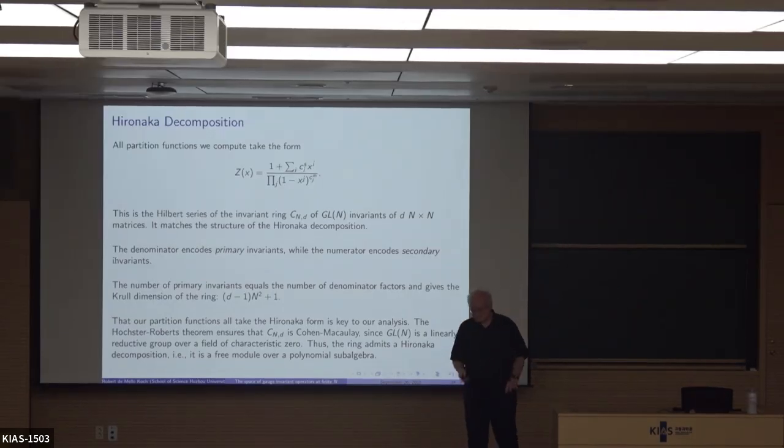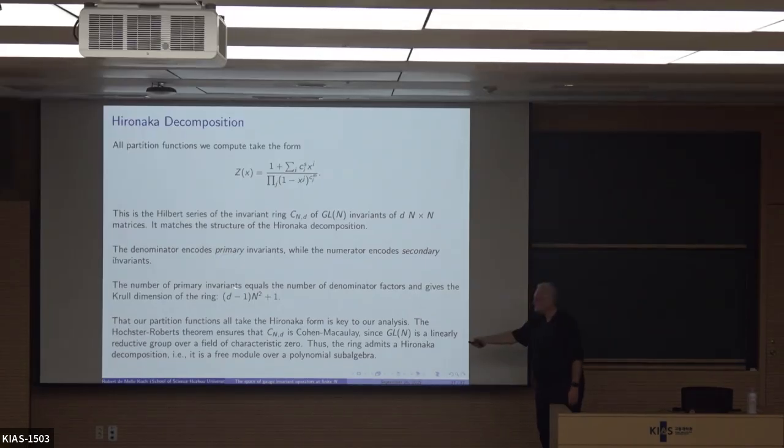For these rings, we know exactly how many primary invariants there are. If you're talking about a D matrix model of n by n matrices, the number of primary invariants is (D-1)n² + 1. This number is called the Krull dimension of the ring or the algebra. The Krull dimension is the maximum number of elements that are algebraically independent.